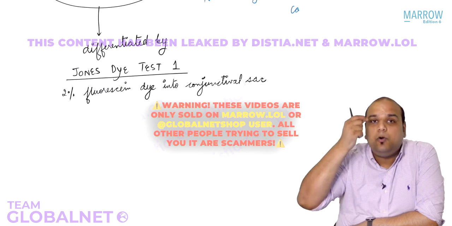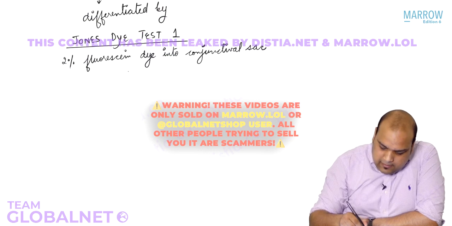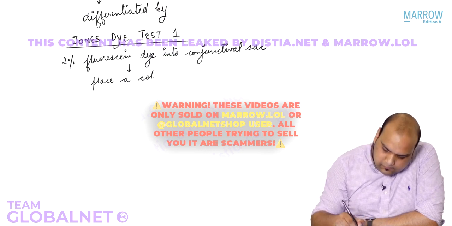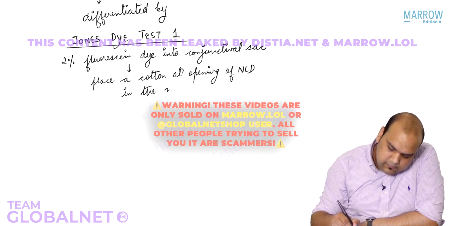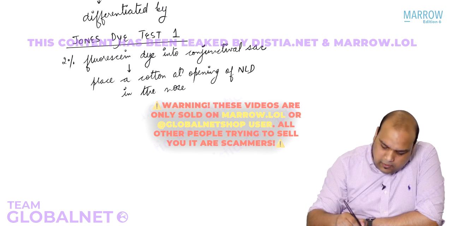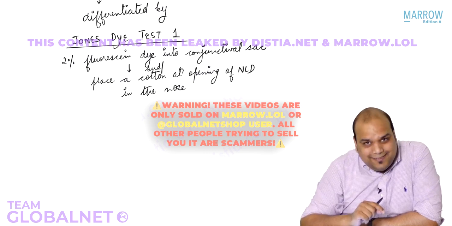Okay, so just put 2 or 3 drops of 2% fluorescein dye in the conjunctival sac. Then place a cotton bud at the opening of the NLD in the nose. Okay, so you have to take a cotton bud, everybody, and place it at the opening of the nasolacrimal duct.